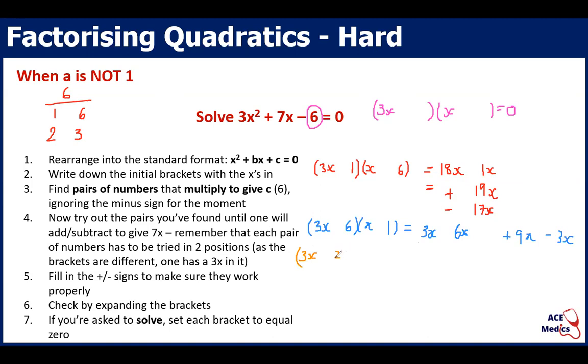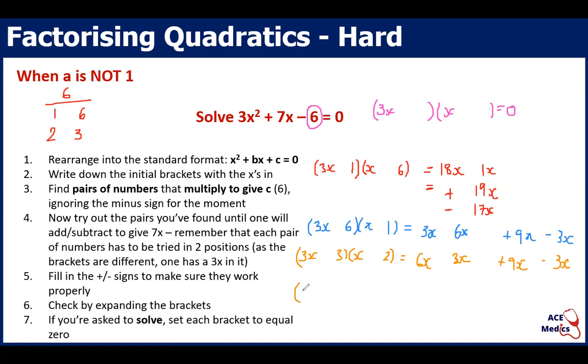So if 2's here, actually let's start with 3, so I can show you more. And 2 is here. If we multiply our outies, we get 6x. If we multiply our innies, we get 3x. If we add those 2 together, we get 9x. If we subtract them, we get 3x. Now, last one.